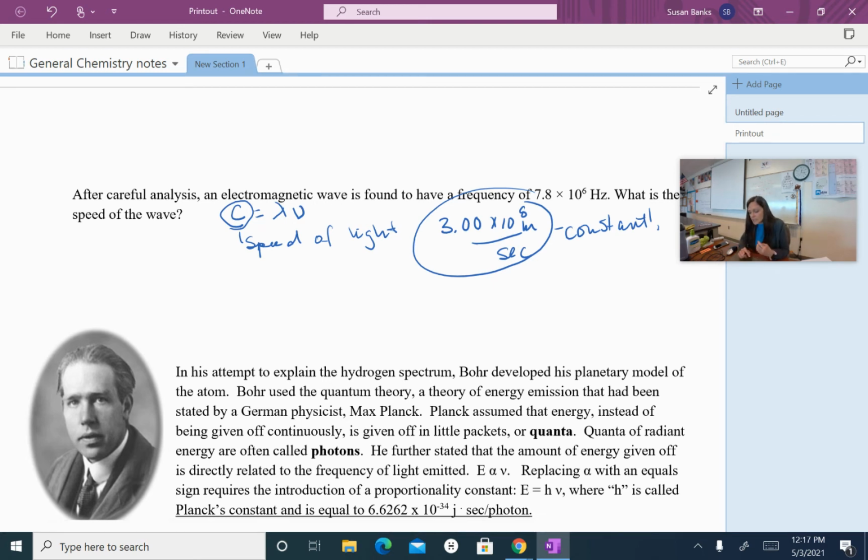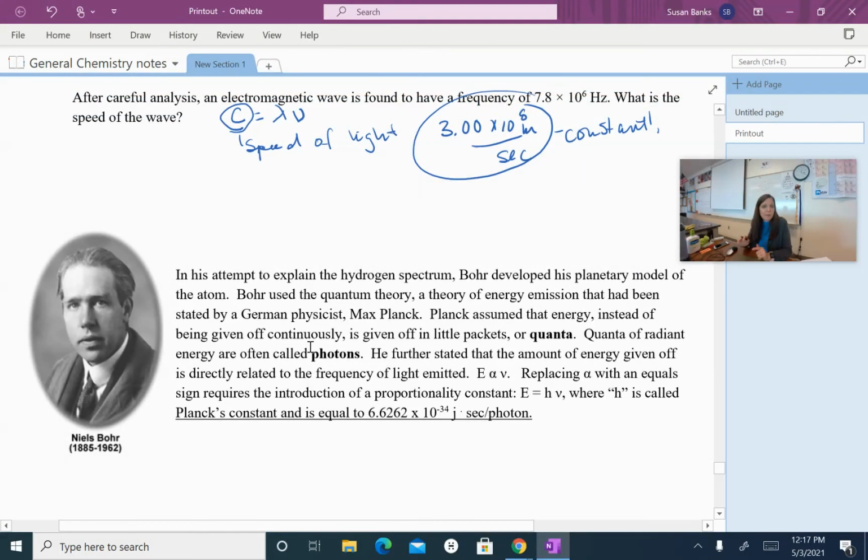And we can see different lines on different elements, and we'll talk about identifying different elements by their spectrum next time. So this is Niels Bohr. This is the guy who came up with the Bohr model of the atom that we use to figure out different energy levels.